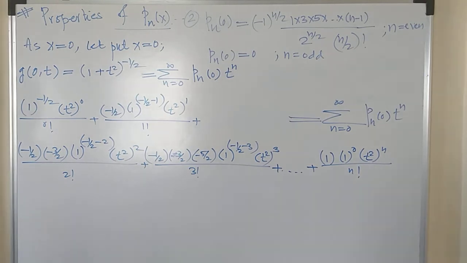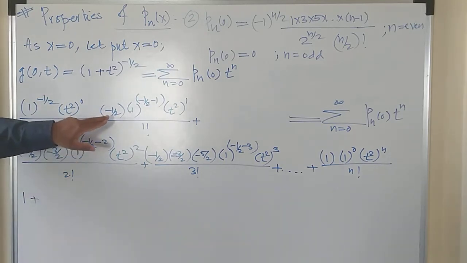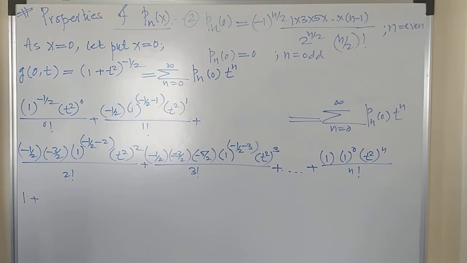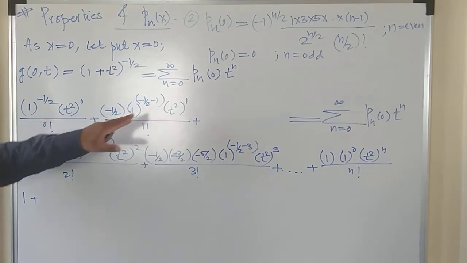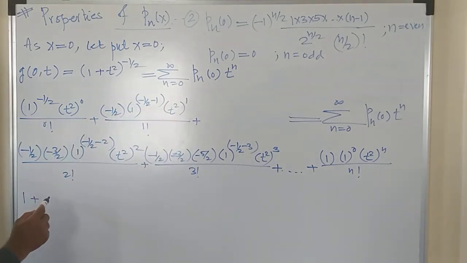Got it? Now simplify this. 1 raised to power minus half or any power will give you 1 only. 1 raised to power 0, to minus 5, anything will be 1. So this is 1. t square raised to power 0 is 1 upon 0 factorial is 1. So the first term is 1 only, plus this minus half and 1 raised to power minus 3 by 2. Minus half minus 1 is minus 3 by 2. 1 raised to power anything is 1 only. So you will get this equal to minus half, isn't it?